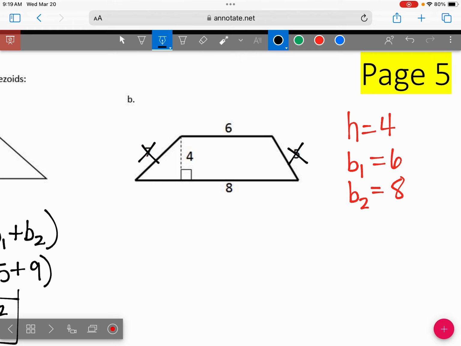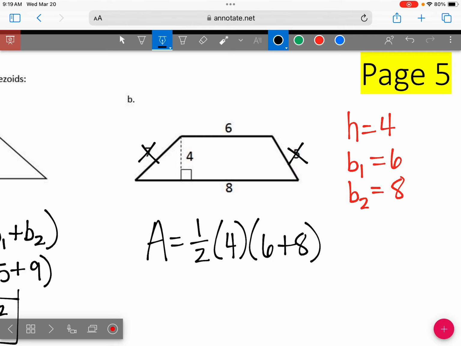If they ask us for perimeter, we would need it, but we do not need it for the area. So in your calculator, area equals 1/2 times the height times B1 plus B2.